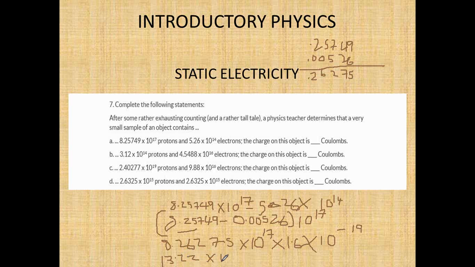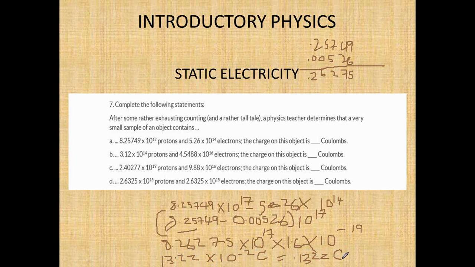Times 10 to the power, so when you add these two, you get minus 2, and this is in coulombs. This is the total charge. So the charge is 13.22 times 10 to the power minus 2, which is equal to 0.1322 coulombs.